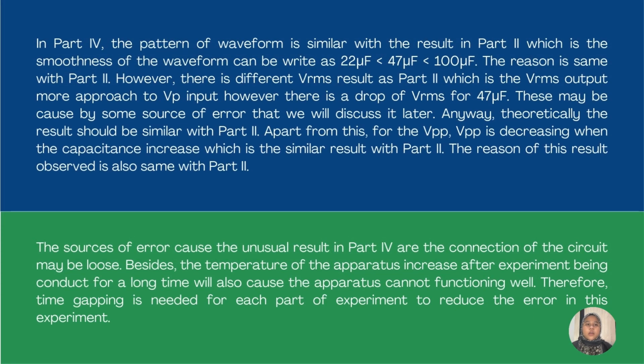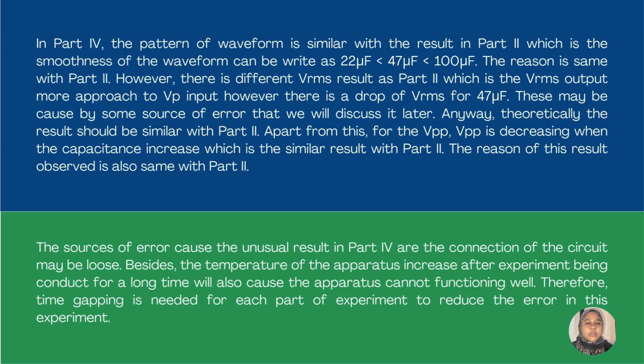In part 4, the pattern of the waveform is similar to the result in part 2, which is the smoothness of the waveform can be written as 22 microfarad less than 47 microfarad less than 100 microfarad. The result is the same as part 2. However, there is a different VRMS result from part 2, which is the VRMS output approaches VP input more.